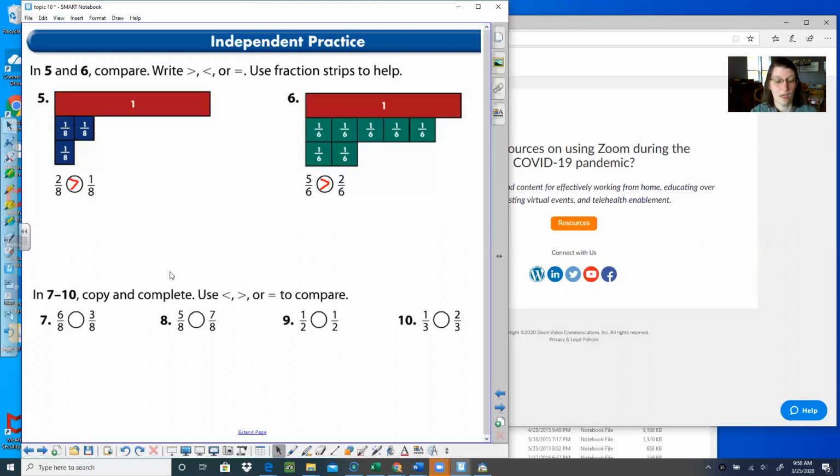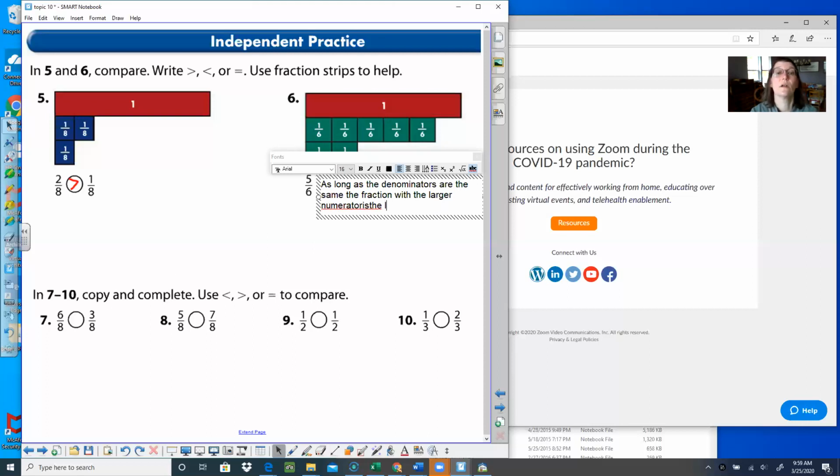Okay, as long as the denominators are the same, the fraction with the larger numerator is the larger, I'm gonna say bigger.